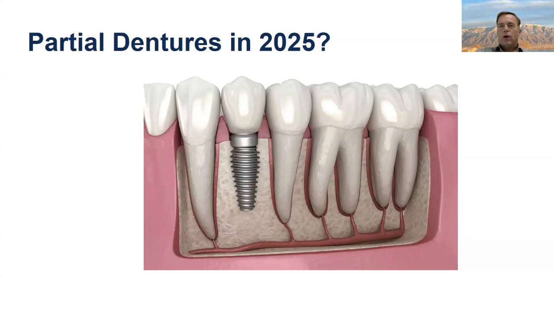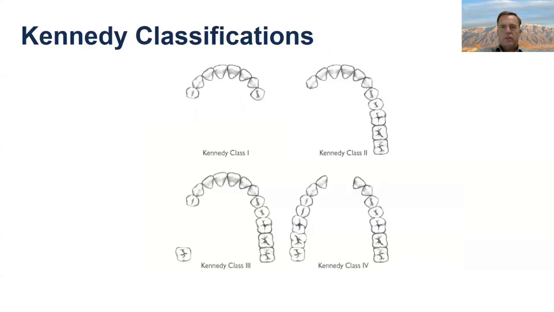And then there are going to be times where you need a provisional restoration. The short version is that we're going to be doing partial dentures for the foreseeable future, so it's good to understand this and know how to effectively deploy them in your practice.